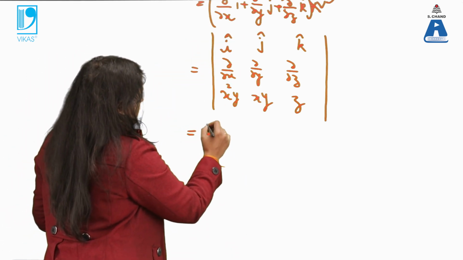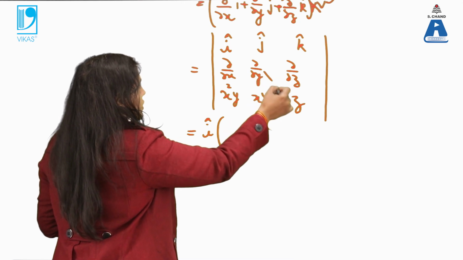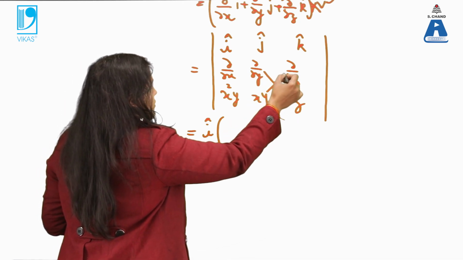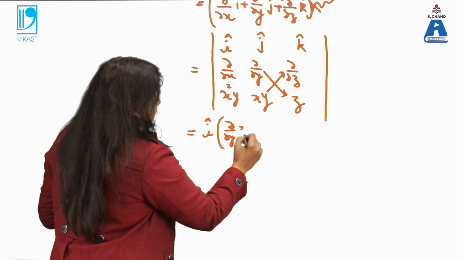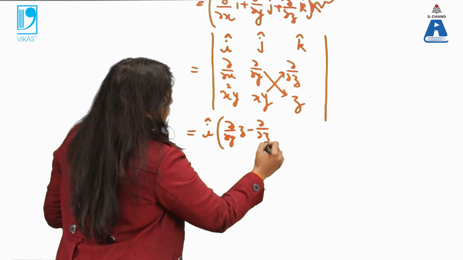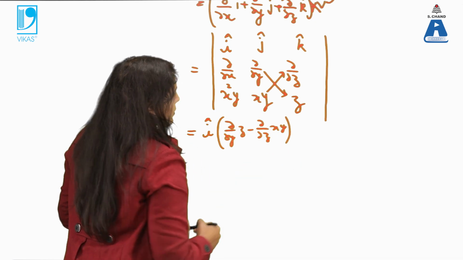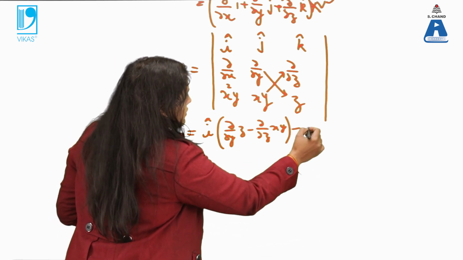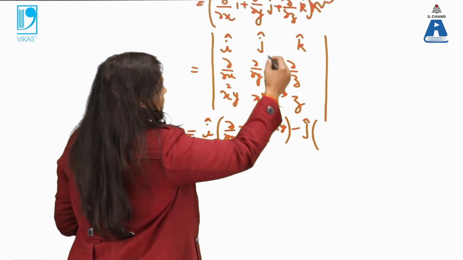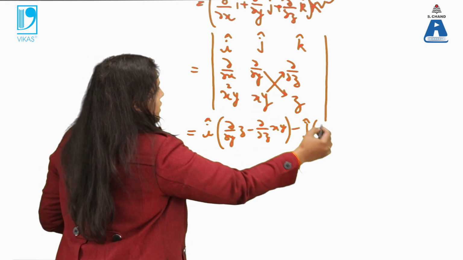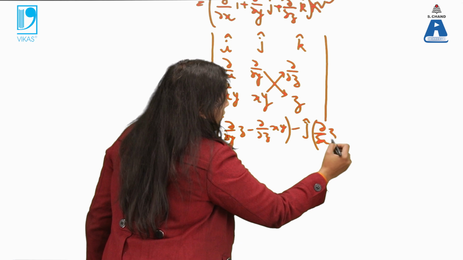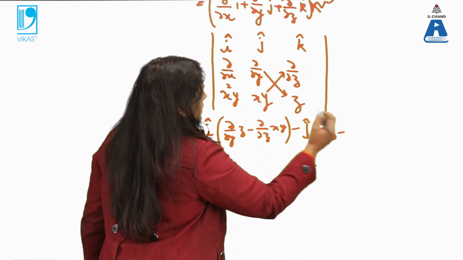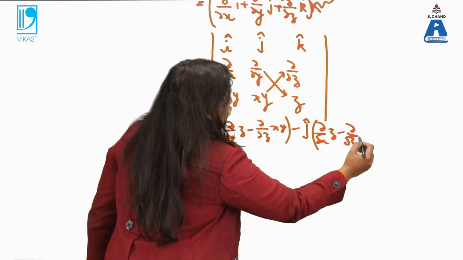Now what will you do? This into this minus this. So del by del y of z minus del by del z of xy. This will be my i component. Then minus sign. Then this into this will be operating on this, so del by del x of z minus del by del z of x square y.